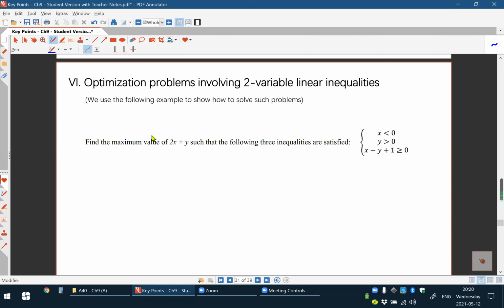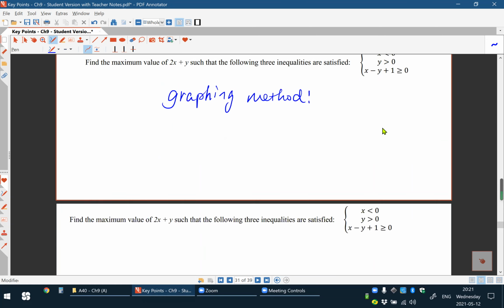The problem is: find the maximum value of 2x plus y such that the following three inequalities are satisfied. Usually we use the graphing method to solve optimization problems like this. So we use the graphing method, okay? On the next page, I'll show you how to do this.